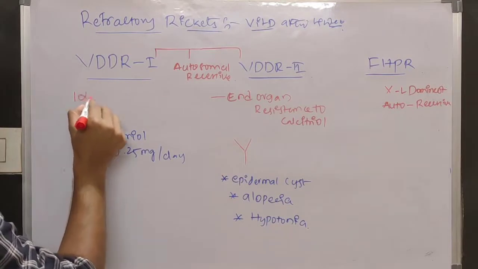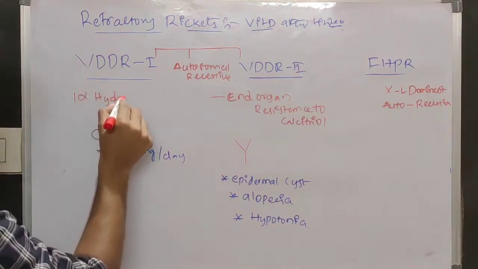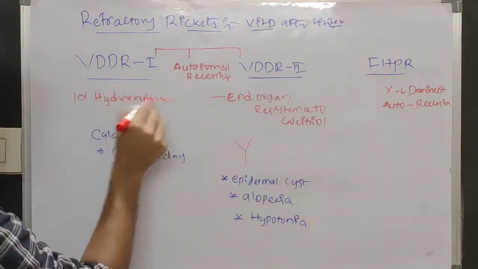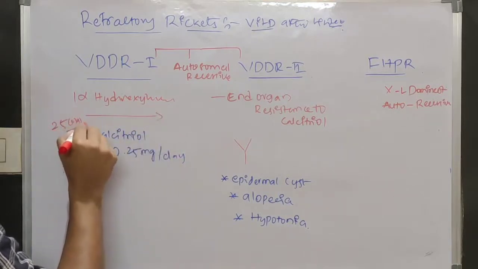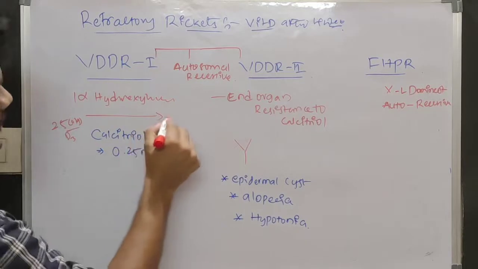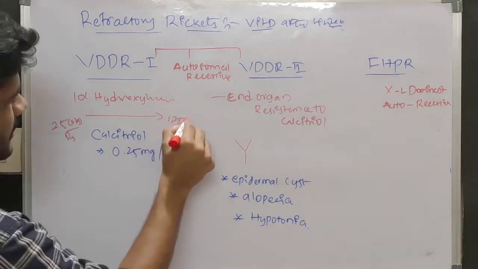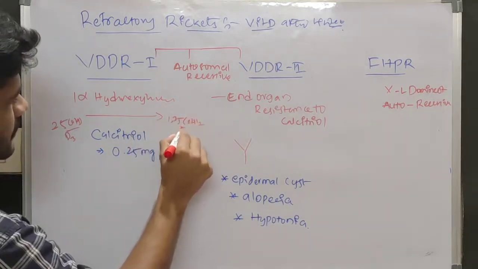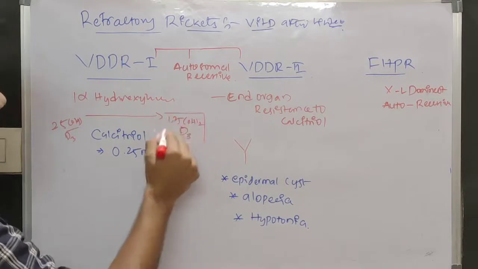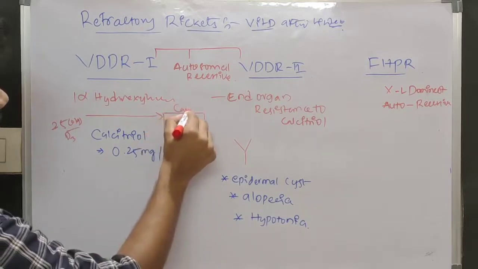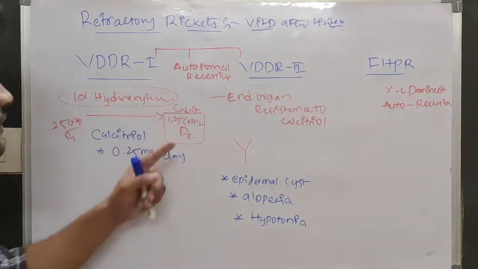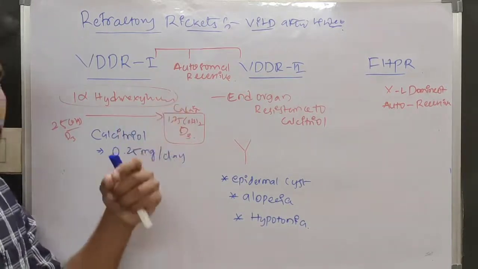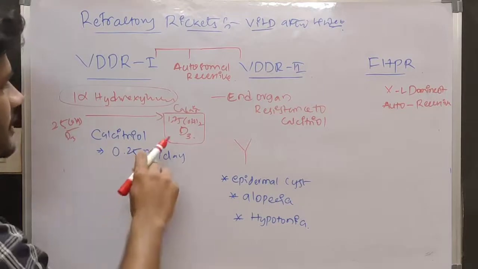This deficiency leads to no conversion of 25-hydroxycholecalciferol into 1,25 dihydroxycholecalciferol. So there is no calcitriol formation, and no active vitamin D in the body for mineralization.